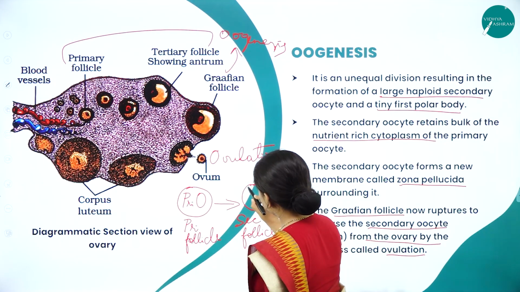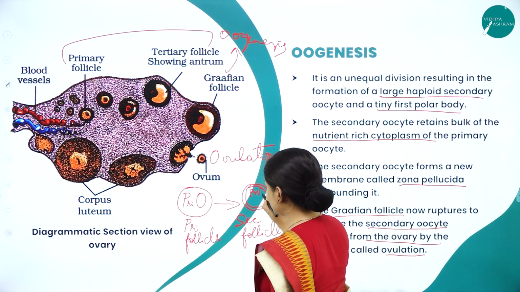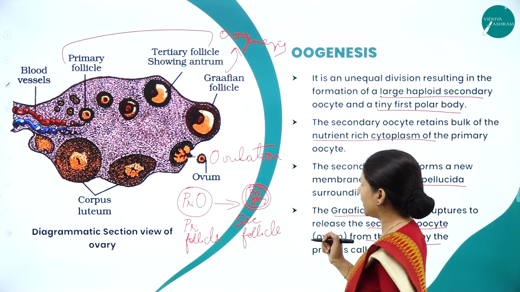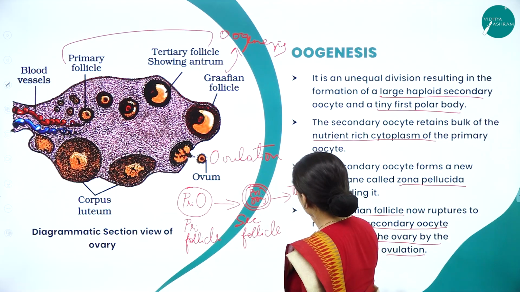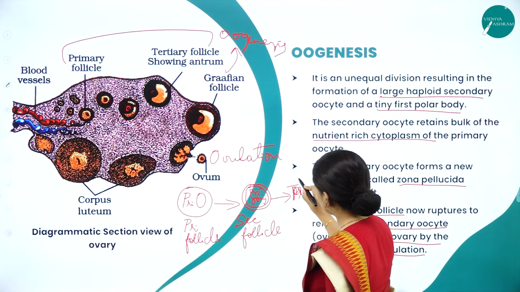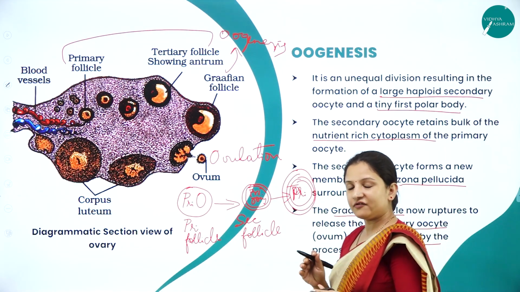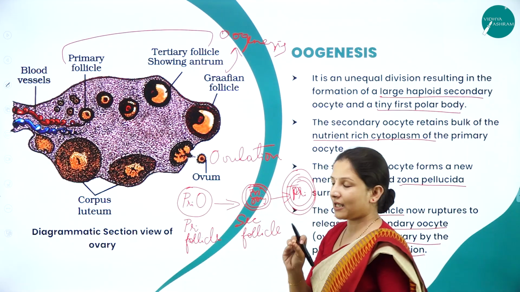The primary oocyte itself will get surrounded by more granulosa cells. Then it will form the tertiary follicle. Tertiary follicle means the primary oocyte will get surrounded by many more granulosa cells. Apart from that, it will have an antrum, that is, a fluid cavity.